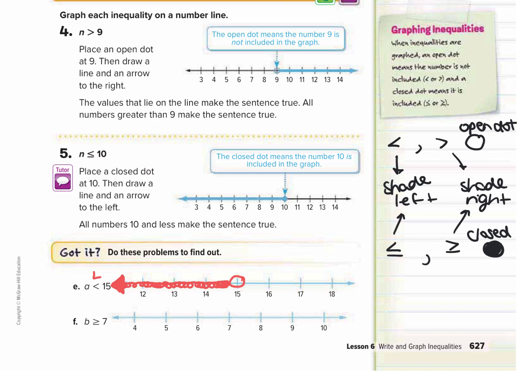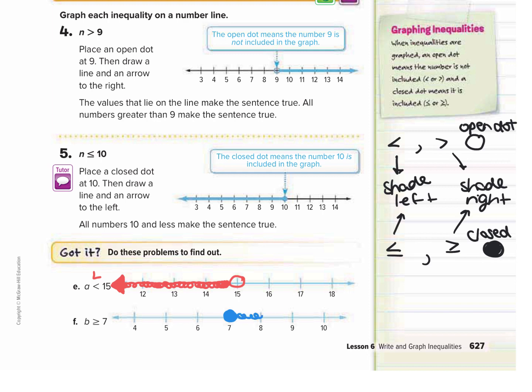For letter F, B could be any number that's greater than or equal to 7. So 7 itself could be a solution. So we're going to put a closed dot. So whenever we're using the greater than or equal to, less than or equal to, we do a closed dot. Now, because it could be any number 7 or bigger, because greater than or equal to, we're going to shade all the numbers that are 7 or bigger.